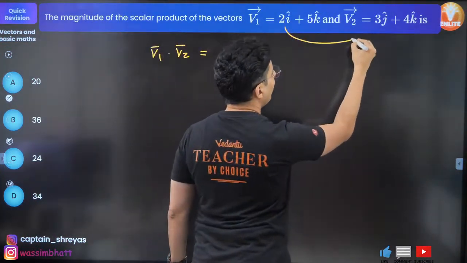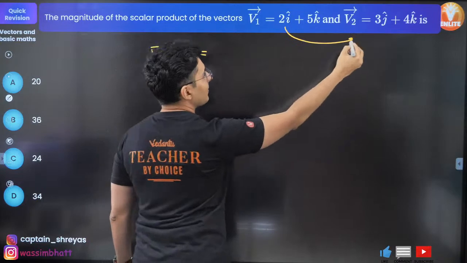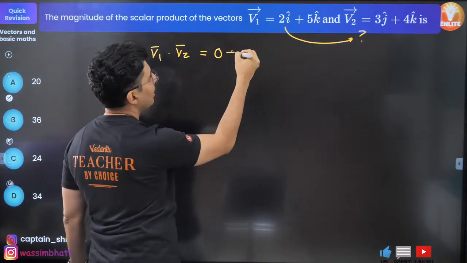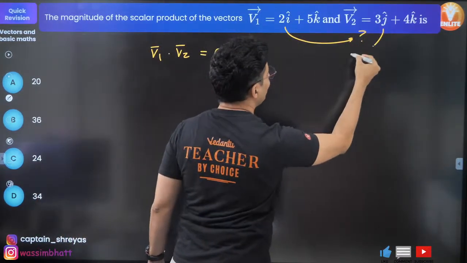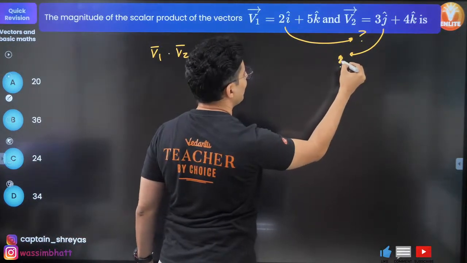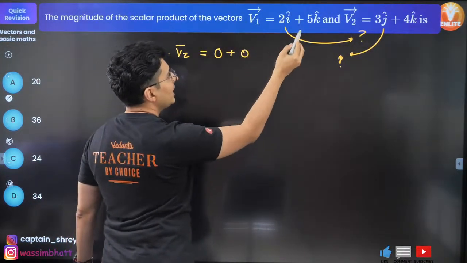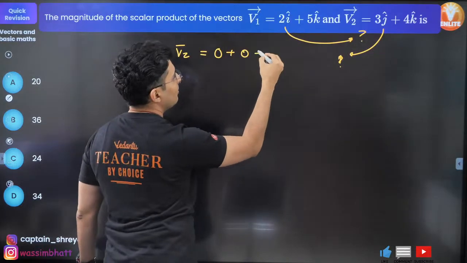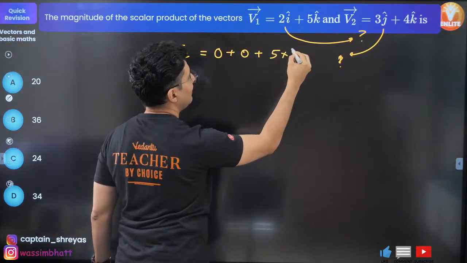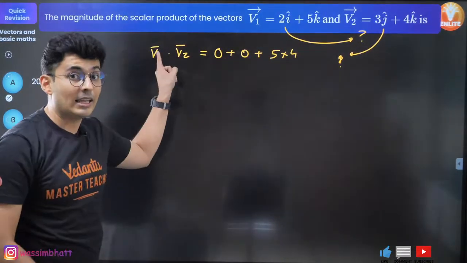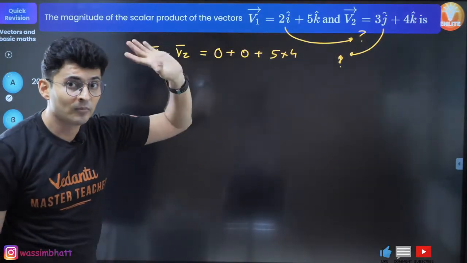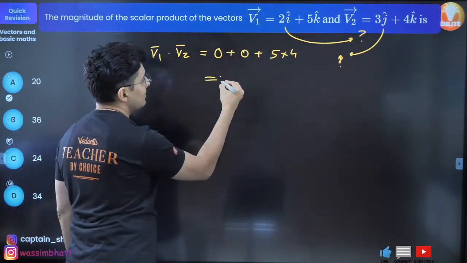For i, there is nothing to multiply, so 0. There is nothing to multiply for j also, so 0. k into k is 1, but 5 into 4. That's it, 5 into 4. There is no ijk because scalar product, dot product, is a value. So it will be just 20.